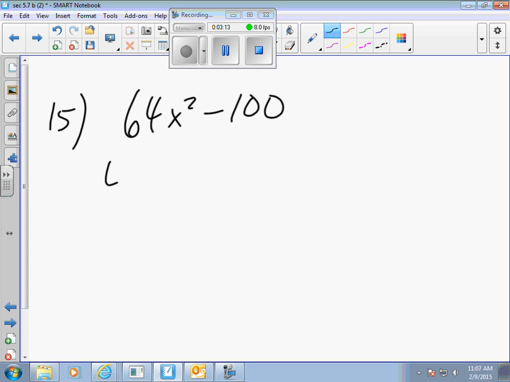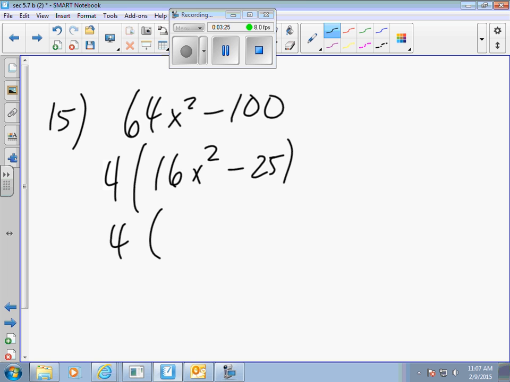I see that a 4 divides into both of them, so I'm going to write 4 times the quantity of 16x squared minus 25. Now I have another squared thing minus a squared thing, so I'm going to go to my two parentheses. Square root of my first term is 4x, goes in both front positions. Square root of my last term is 5, goes in both back positions. One is plus, one is minus.